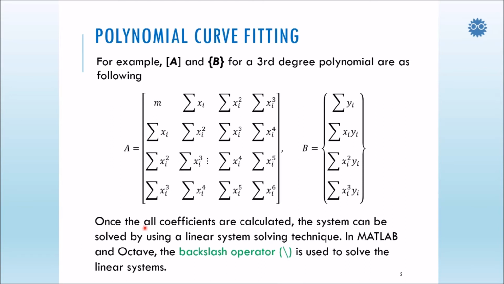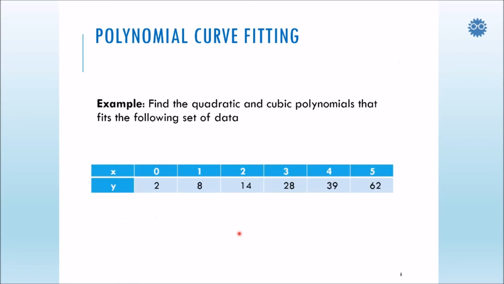Once all coefficients of the matrix and the vector of constant terms are calculated, the system can be solved by using a linear system solving technique. In MATLAB and Octave, the backslash operator is used to solve the linear system. Here we have this example.